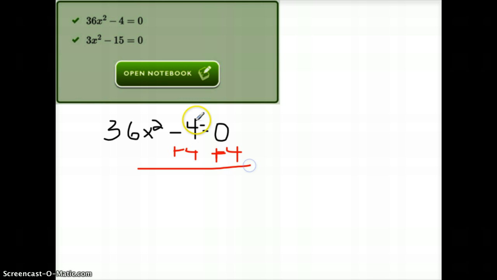Now when I add these together, these go away, and then we're going to have 36x squared equals 4. Now, when I have 36x squared equals 4 on both sides, this is a square, I have to get rid of this 36.